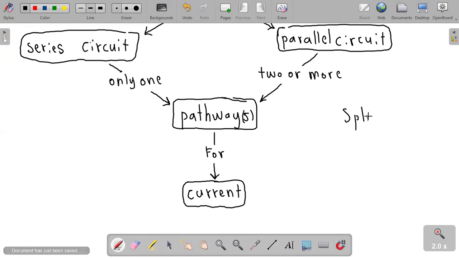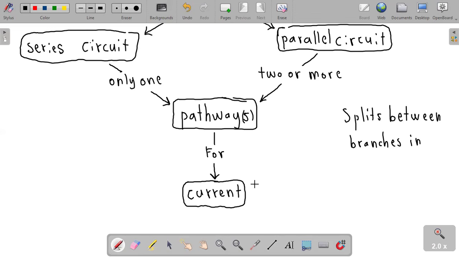Current splits between branches in parallel circuits.